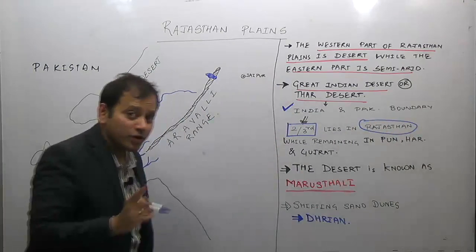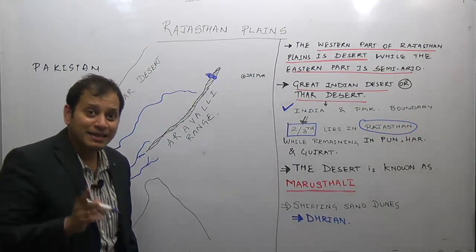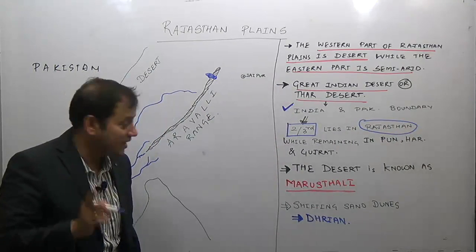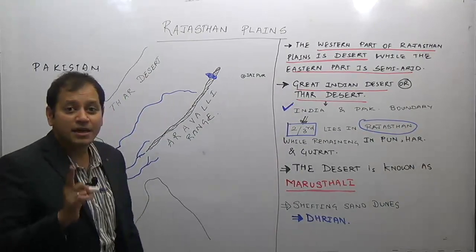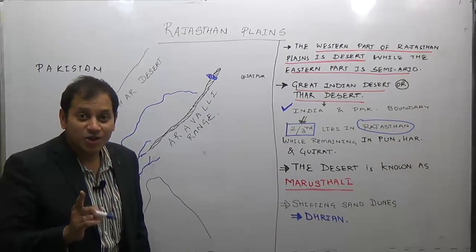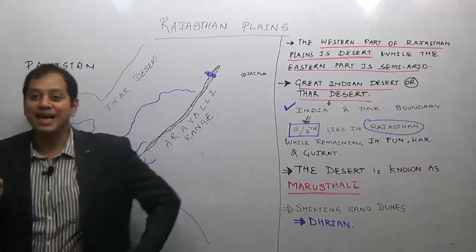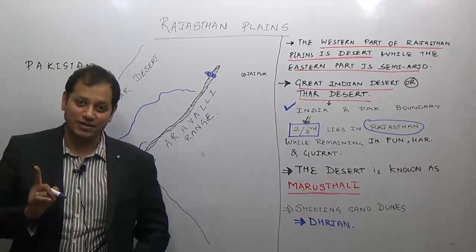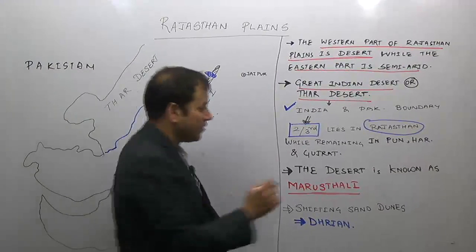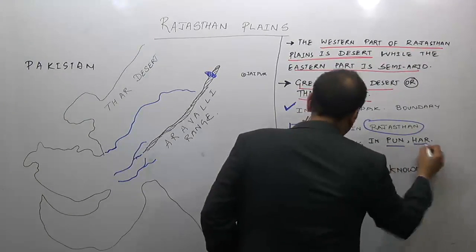But what is more important, you have to remember, the remaining desert also lies in the state of Punjab, Haryana and Gujarat. So the Thar desert does not lie only in the state of Rajasthan, it also lies in the state of Punjab, Haryana and Gujarat.